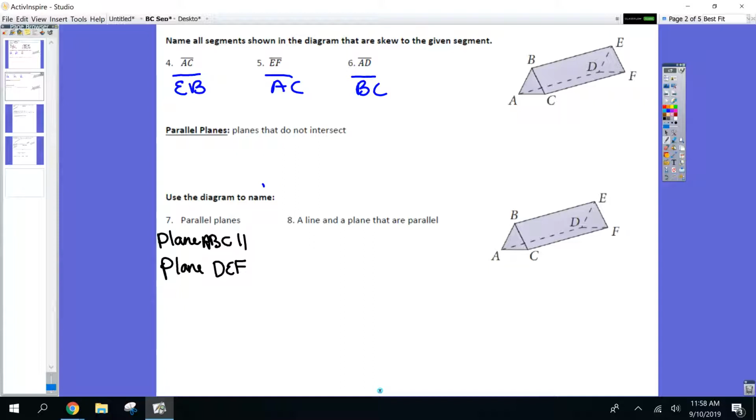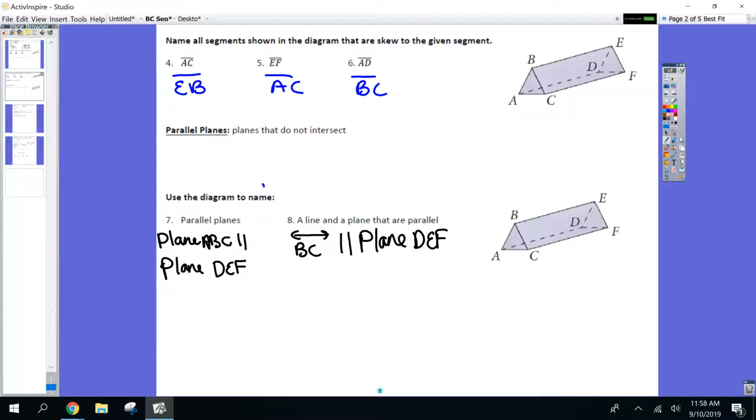So we could say that line BC is parallel to plane DEF. So if two planes are parallel, any line from one plane is parallel to the plane on the other.